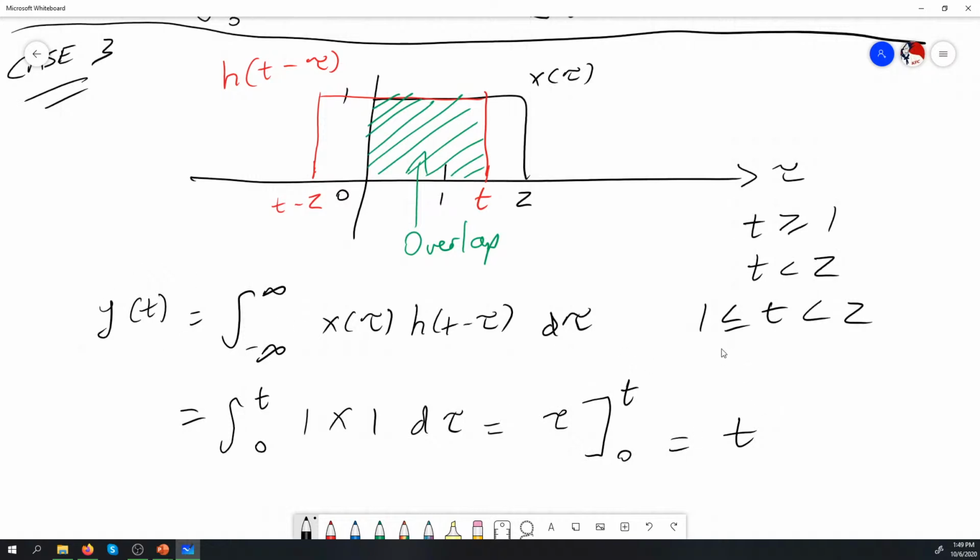But the reason I'm doing this with respect to 1 time unit width is that this will not happen throughout all your convolutions. There will be events where, for each time unit width of 1, depending on your time range, you're going to end up with a different result for y of t. So it's always important to evaluate this with respect to 1 time unit width.